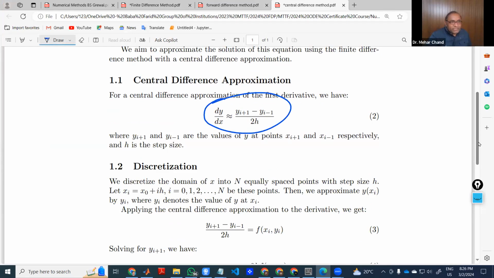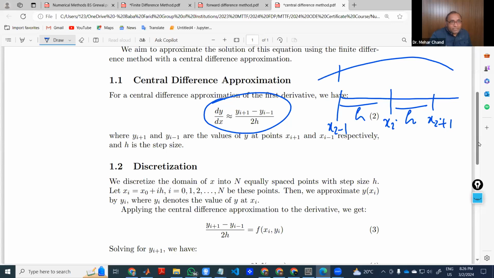So what is this one? We have this is xi, here is xi plus 1, and here is xi minus 1. This difference is h, this is also h, and suppose that this is the curve. Here is yi minus 1, and here is yi plus 1.